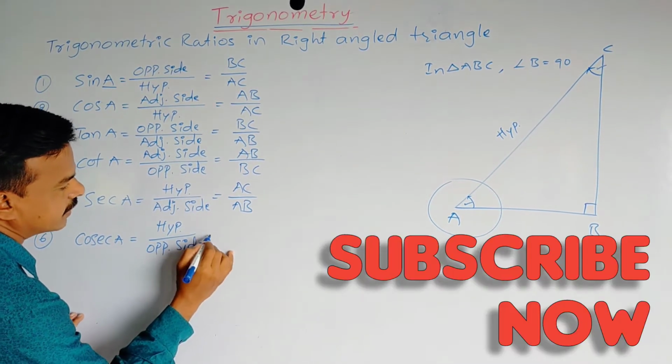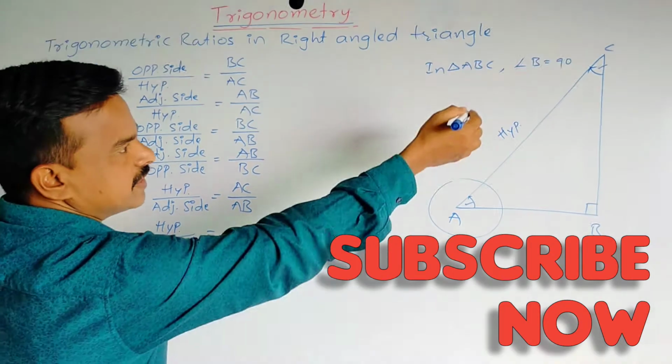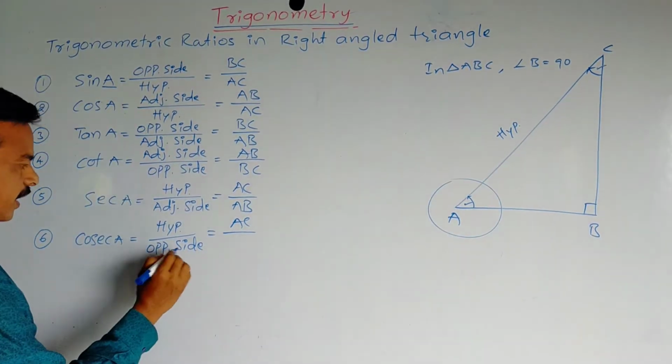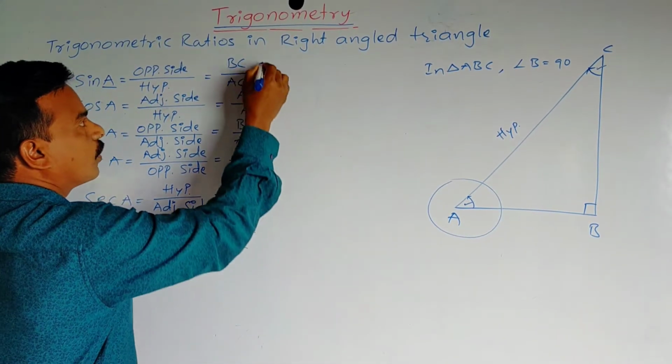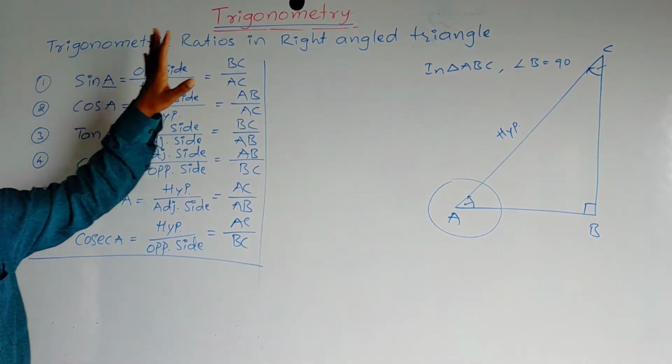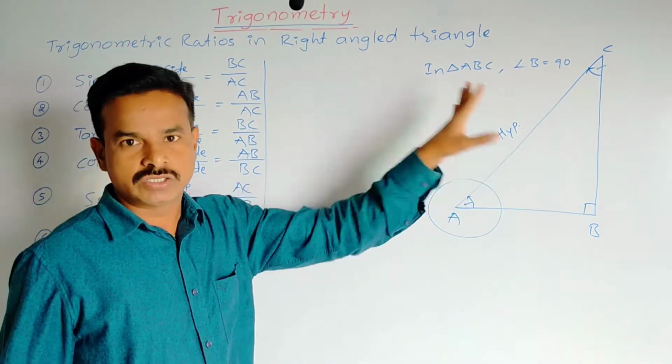What is the hypotenuse in this figure? AC. And the opposite side is BC. These are the six trigonometric ratios in a right angle triangle.